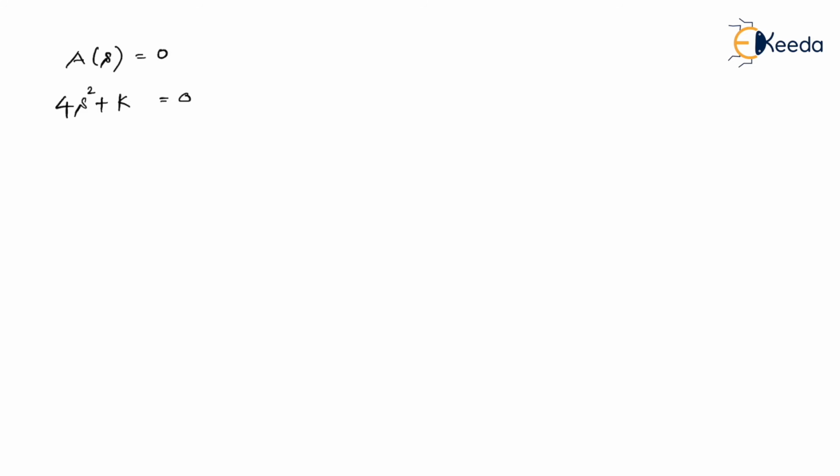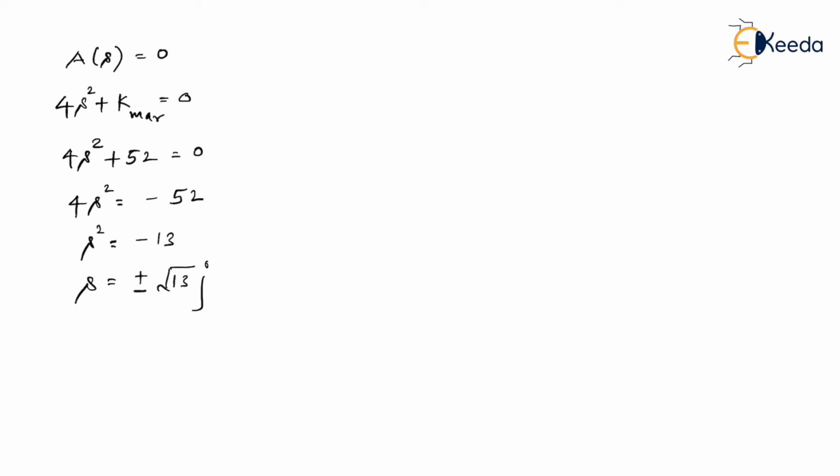Now let me be very specific. Here I am going to treat k as k marginal. So 4s square plus 52 is equal to 0. So 4s square becomes minus 52, or s square is minus 13, or s equal to plus or minus root 13 j. You know that the root of a negative number introduces an imaginary part.